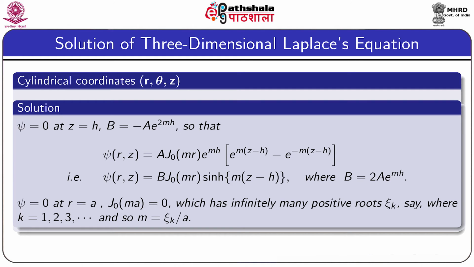Now, we need to satisfy another boundary condition, which says that ψ = 0 at r = a. So, it gives J0(ma) = 0. This is a Bessel function of order 0, so it has infinitely many positive roots. Let those roots be ξk. So, we can write the value of ma as ξk, or m = ξk/a, where k = 1, 2, and so on.